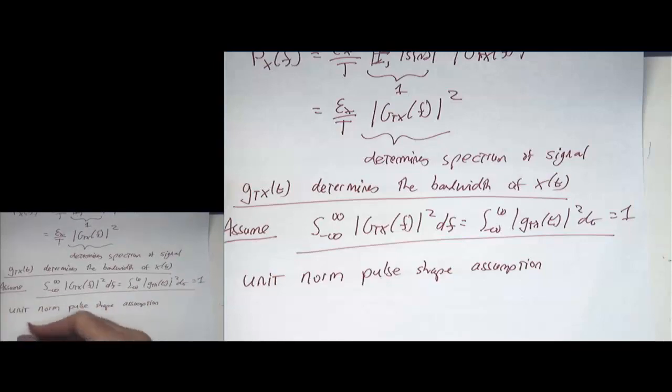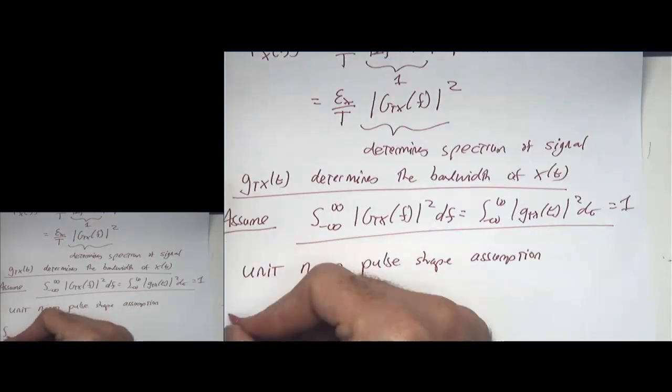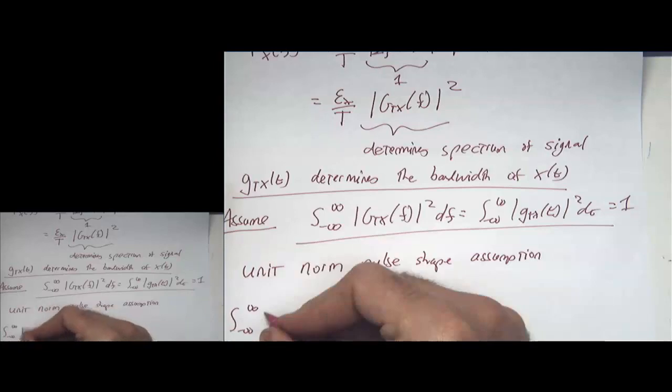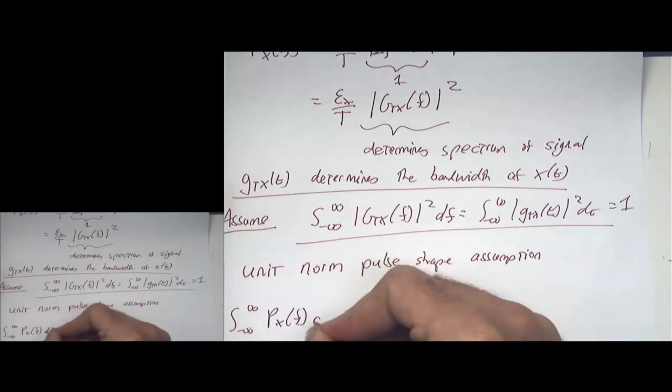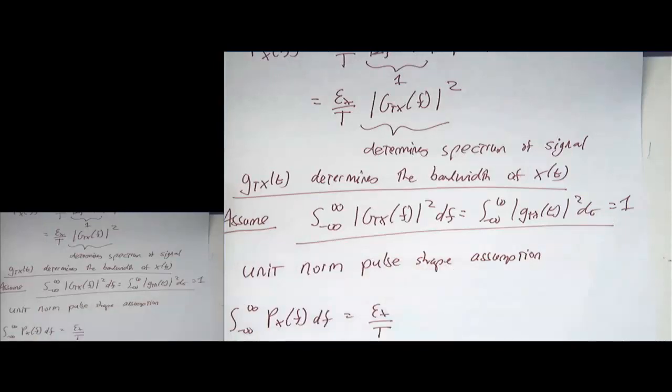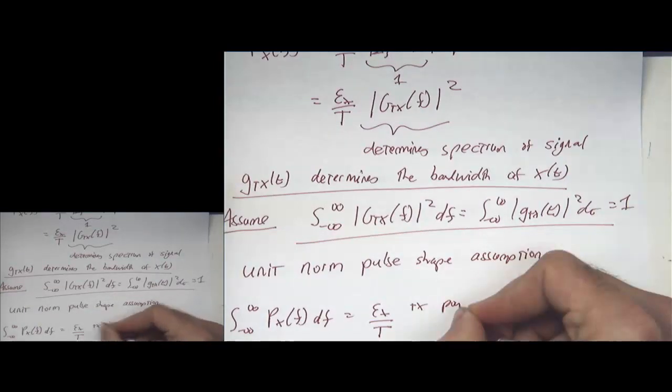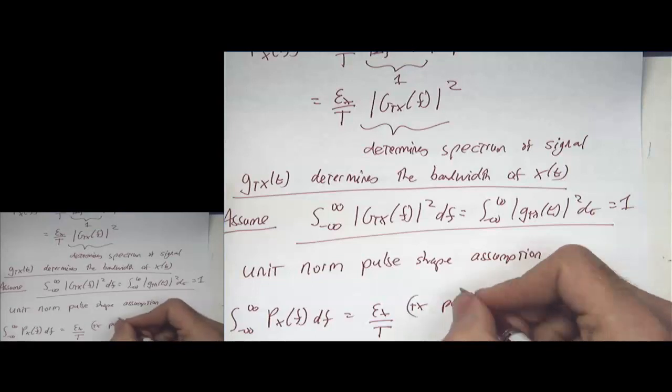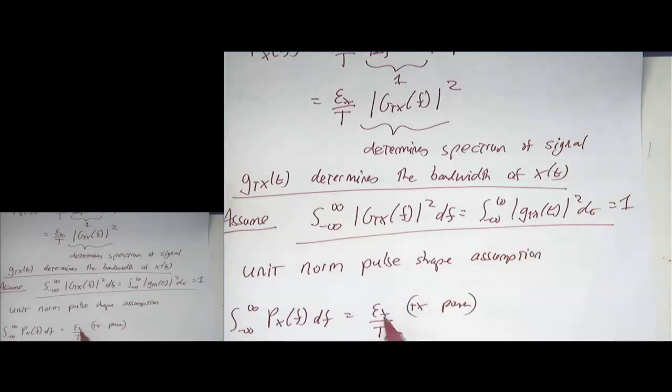And by doing this, when I integrate out this quantity here, if I've done this correctly, then I get this E_x over T, which is the transmit power. E_x is also called the energy per symbol, and T is the symbol period.